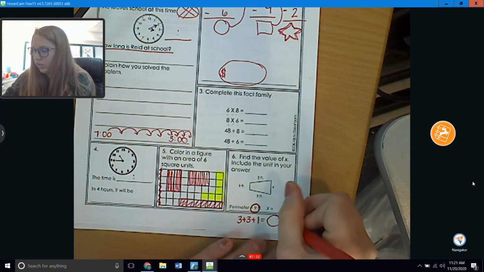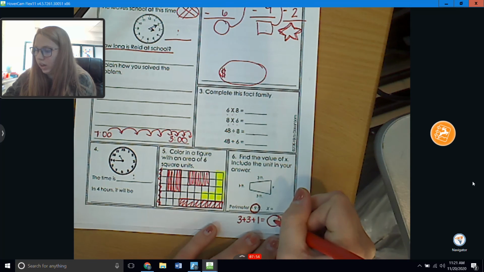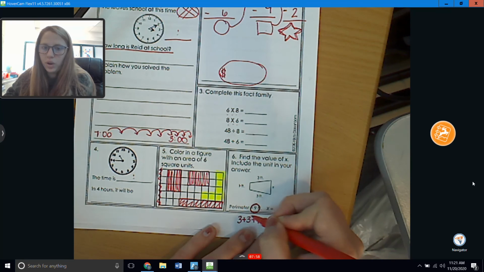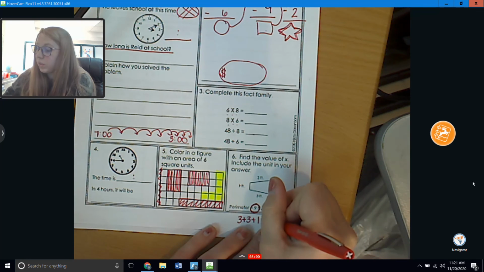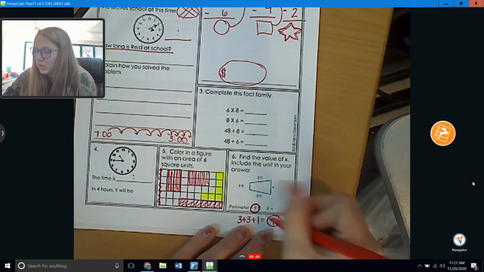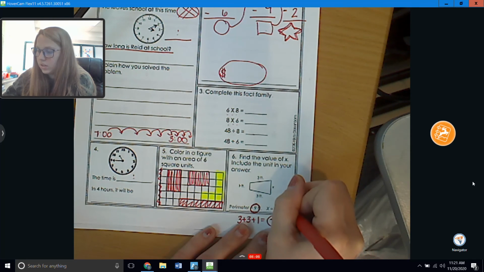Then I would find the difference between your answer and the number 9. So 3 plus 3 plus 1 equals 7. The difference between the two, 9 minus 7 equals what? That will be your x.